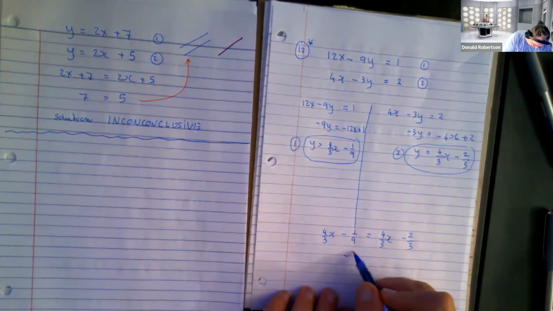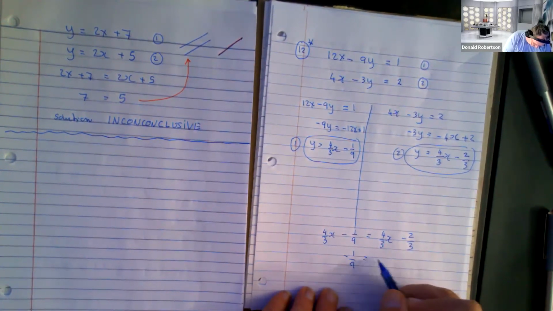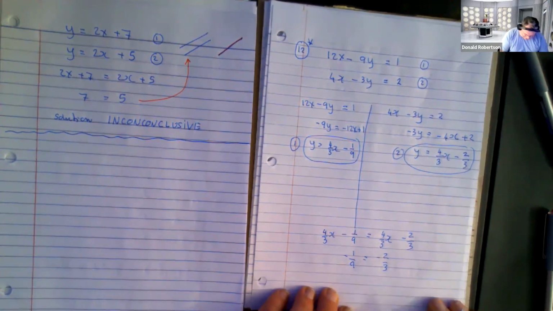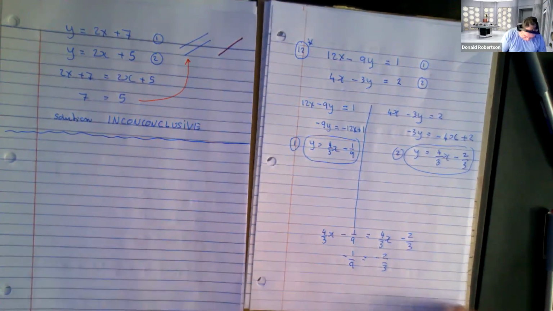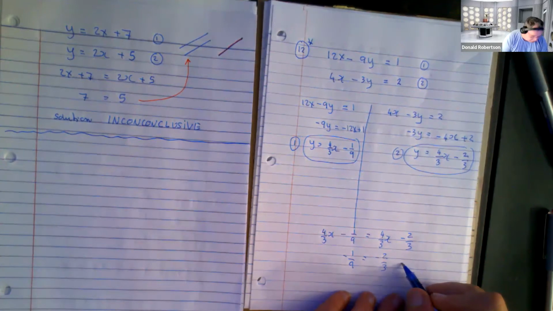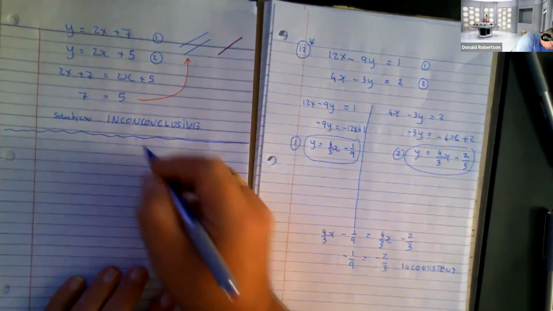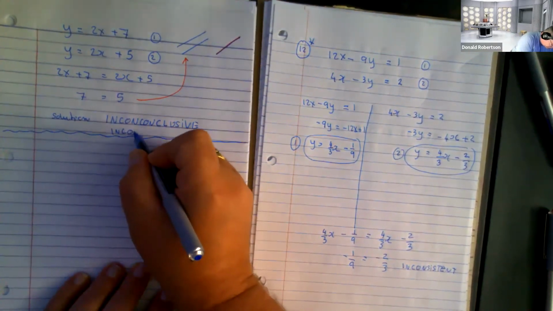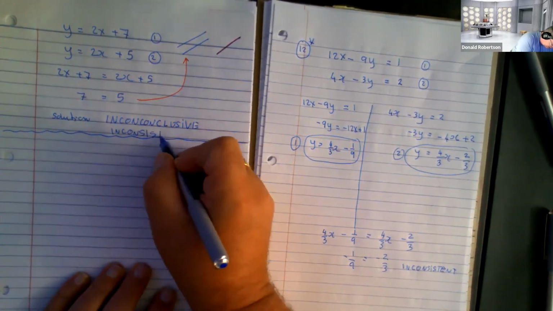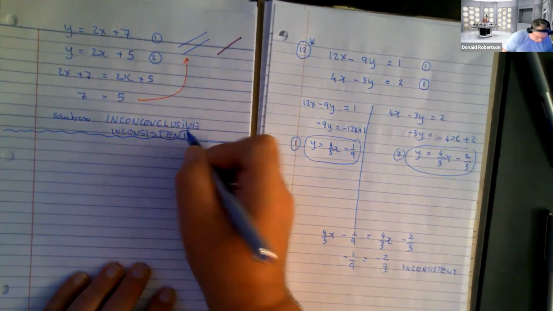Subtracting 4/3 x from both sides, we get that, and we know that's impossible, that they're different from each other, and so we say inconsistent. And I call that inconclusive, but it looks like WebAssign prefers inconsistent.